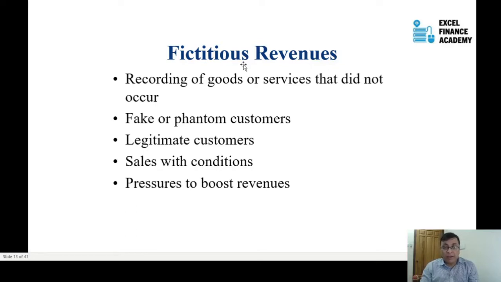Now, in order to recognize a sale, there are certain conditions which you have to fulfill. The sale is recognizable only when it is realized or realizable and earned. The following conditions have to be met. First, there is persuasive evidence that the agreement is there, meaning there is a real customer, there is a real agreement, and the agreement is clear about what needs to be produced, what will be the compensation, and the compensation is measurable.